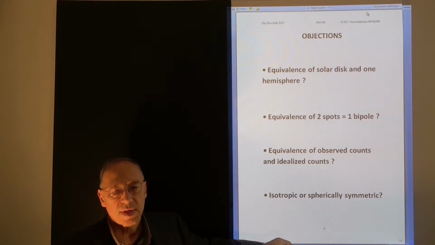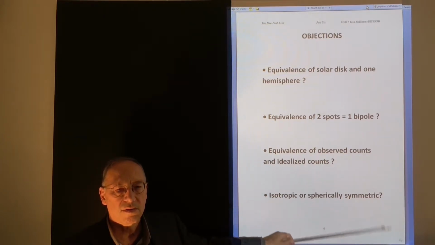But in the case of a solar disk, we have a hemispheric surface, the surface of which is identical to the surface of a north or a south hemisphere. So if you think of it, you will maybe arrive at the conclusion that we propose that it is in the long term statistically correct to assume this equivalence.